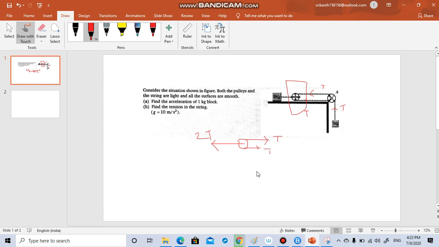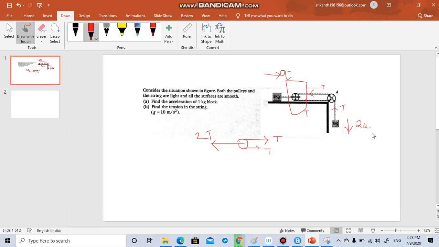Okay, all right. So let us say this block is accelerating in this direction. Okay, now with 2T, if this block is accelerating with A acceleration, with T, this block will accelerate to A.